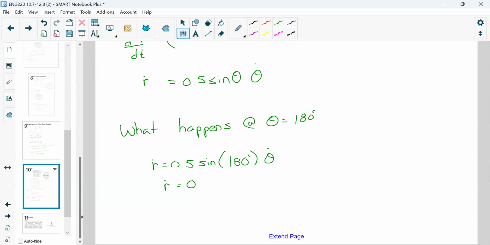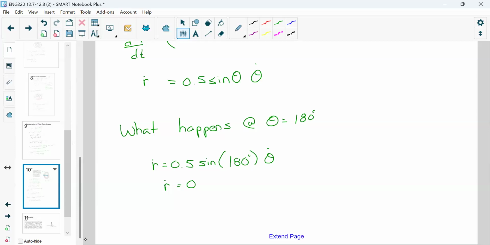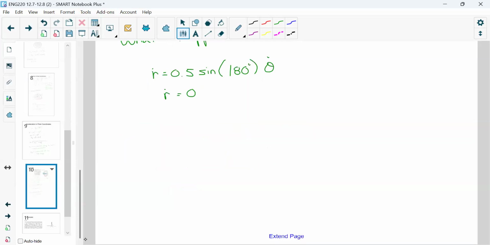All right, the second term, our velocity in terms of theta, is then going to be R. So we're now looking at this term here. So my R is 0.5 times 1 minus the cosine of theta, right?